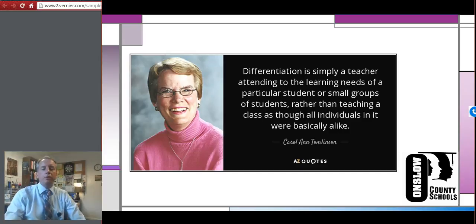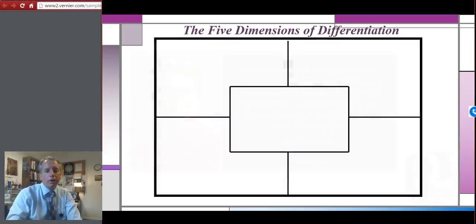So as we come to the conclusion of this session, session 4, we come back to our definition, as we will in each session, of differentiation. Our definition is that which Carol Ann Tomlinson has shared for years, which is simply our willingness and our ability to attend to the learning needs of our students, understanding that in our large group of students there's a lot of variation, just like there is in each one of us.